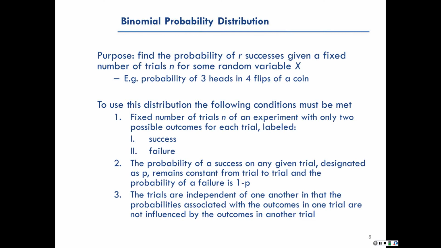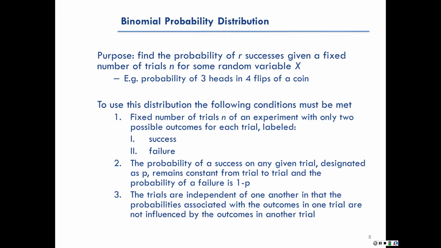The purpose of the binomial probability distribution is to find the probability of a certain number of successes, usually given the letter R, the probability of R successes given a fixed number of trials N for some random variable X.